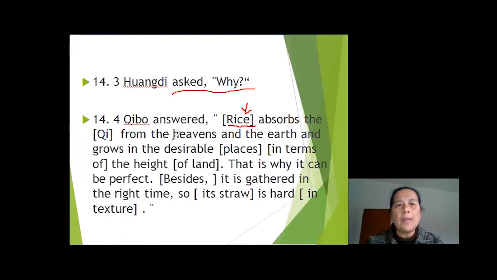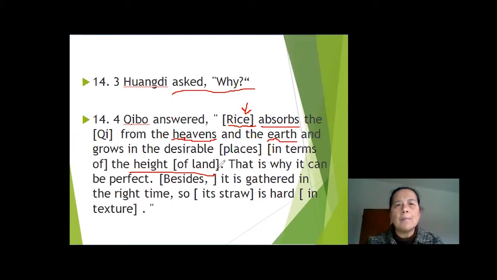They absorb qi from the heaven and the earth. We know without sunshine, any plant will not grow, and any plant grows in the earth. So that means the absorption of both heaven qi and earth qi. And they plant in a special area, talking about the higher part of the earth.